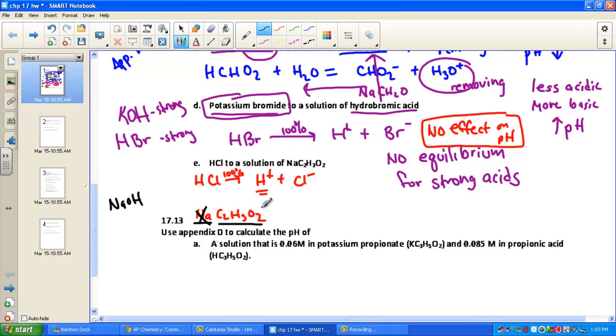However, the acetate ion, its parent is a weak acid, C2H3O2, acetic acid. Well, that acetate, its parent is weak, so it undergoes hydrolysis. And when it undergoes hydrolysis, it goes back to form its conjugate, its weak acid parent, leaving the solution basic.